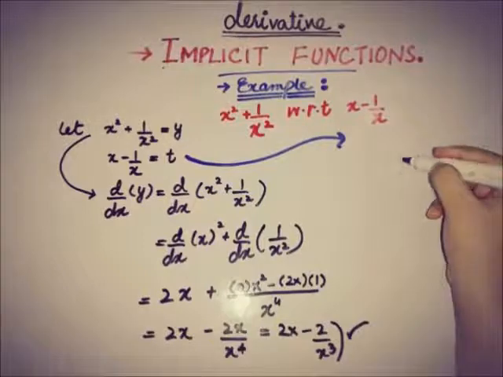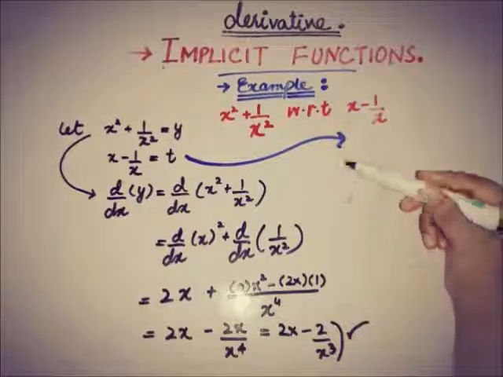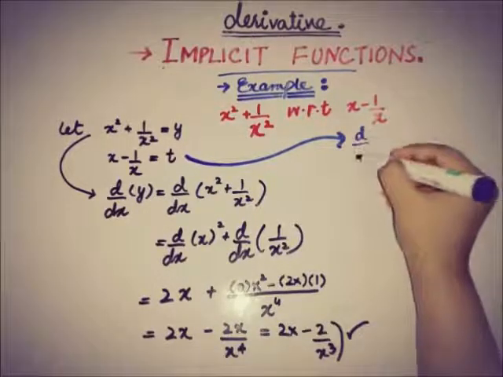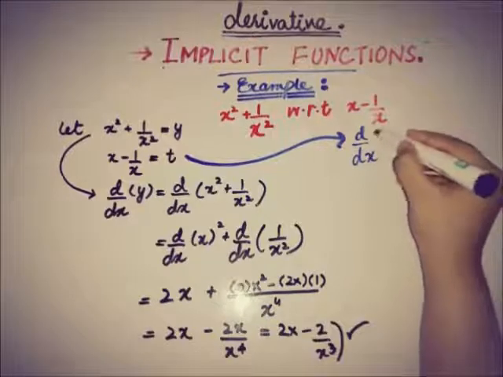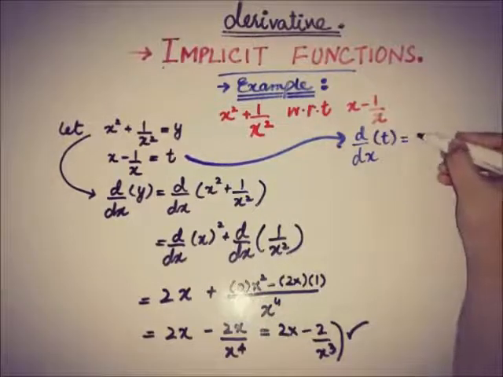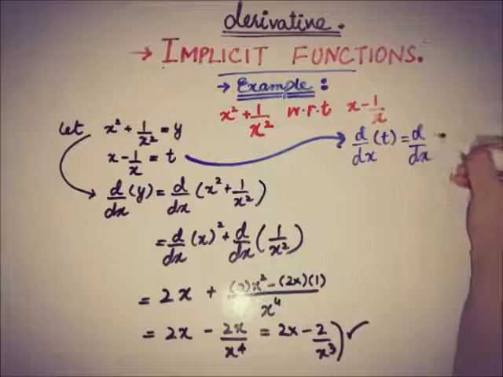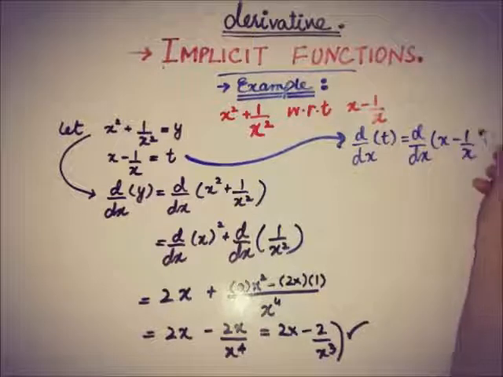Now we will find the rate of change of t with respect to x. d by dx of t is equal to d by dx of x minus 1 by x.